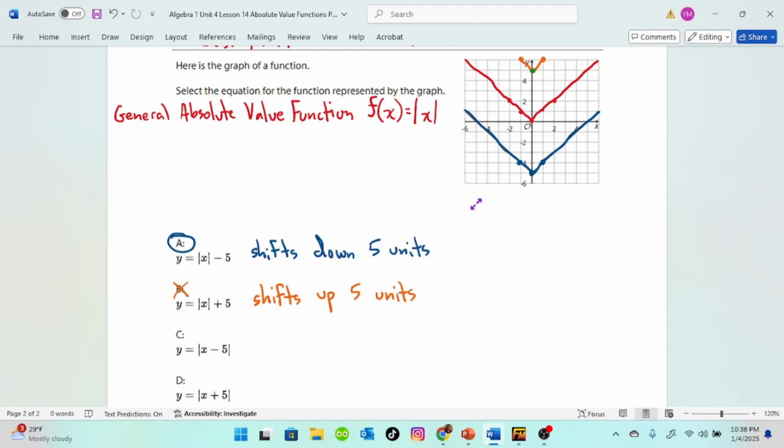So this shifts up. When x is 1, 1 minus 5 is negative 4, and the absolute value of negative 4 is positive 4.